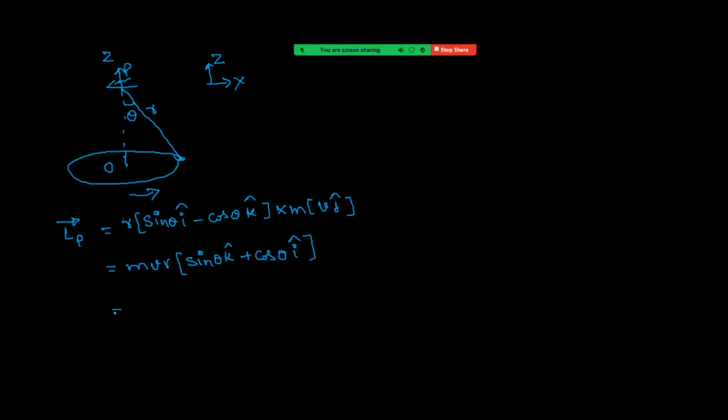So here angular momentum has two components: one along the z axis, k cap, and one along the positive x axis.